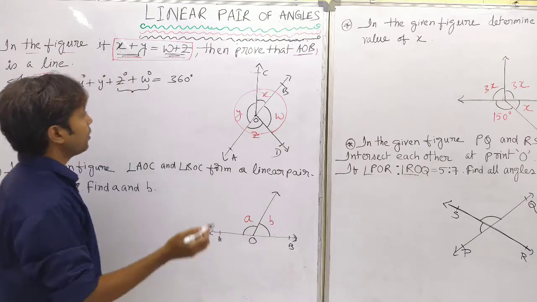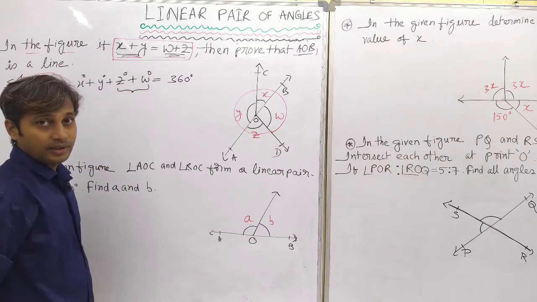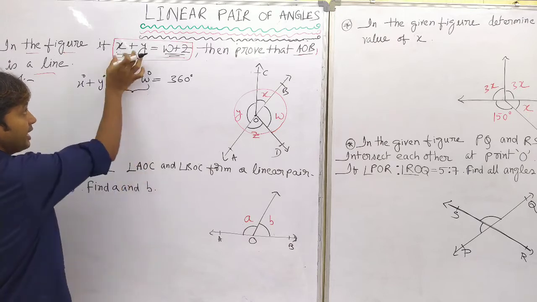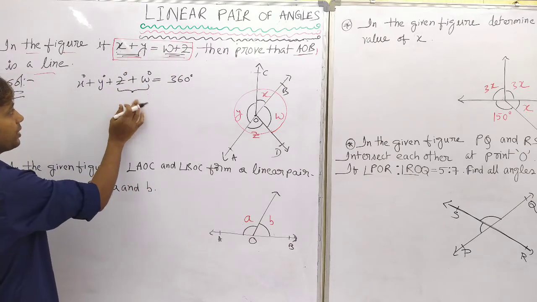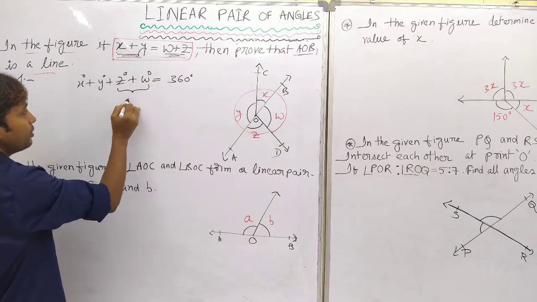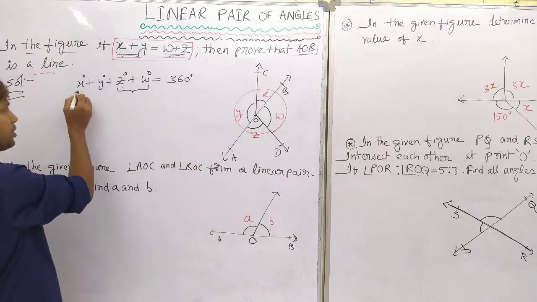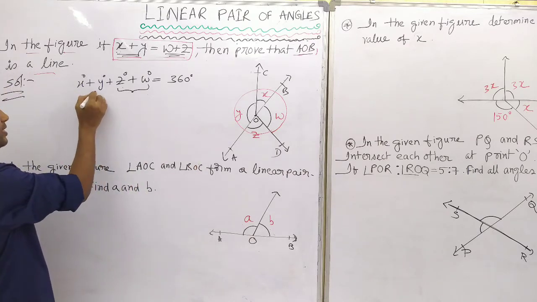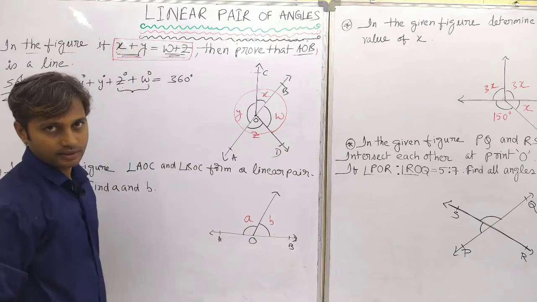Now w plus z can be replaced by x plus y or not? Why? Because we said that x plus y equal to w plus z. That means we can substitute the x plus y value in place of z plus w, or else you can substitute z plus w in place of x plus y. Why? Because you can replace either one with the other.